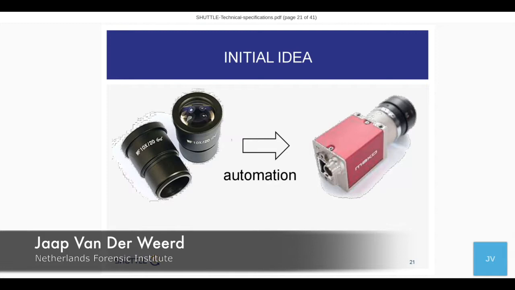Well, simple, easy. That's the basic thought of automation, and effectively the basic thought of the whole Shuttle toolkit. But of course, things are not as easy as that. There's a lot of things added. There are many implications.